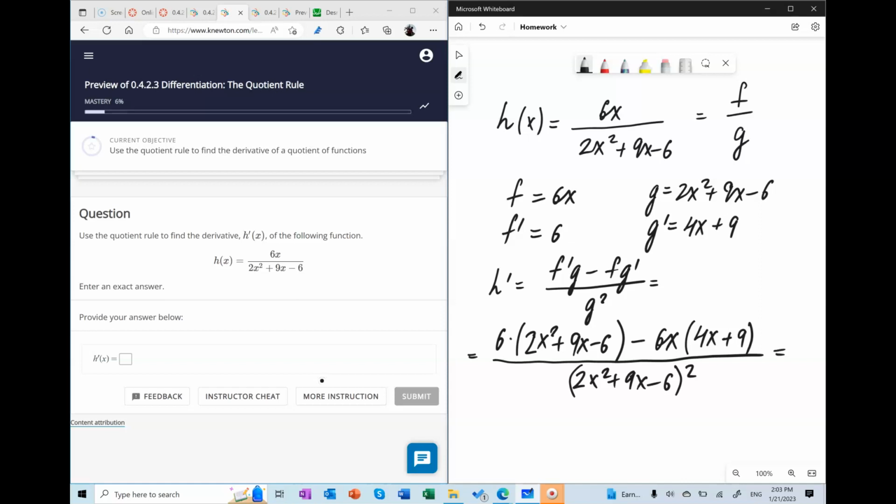And of course we can combine the like terms in the numerator. The denominator is as simple as it gets, unless you want to try and factor this, which I wouldn't recommend.